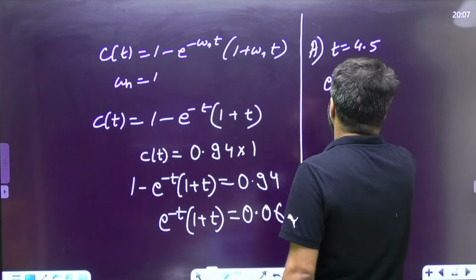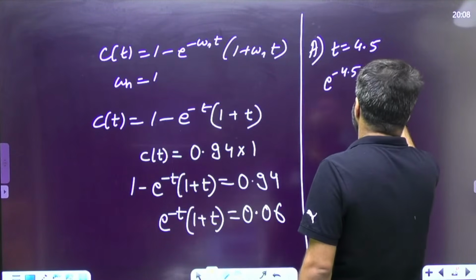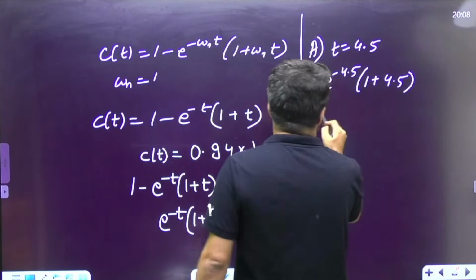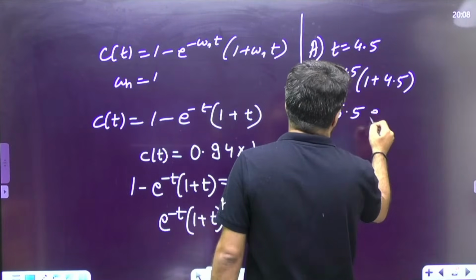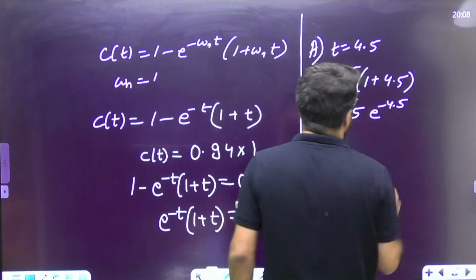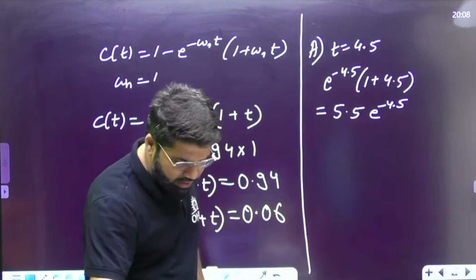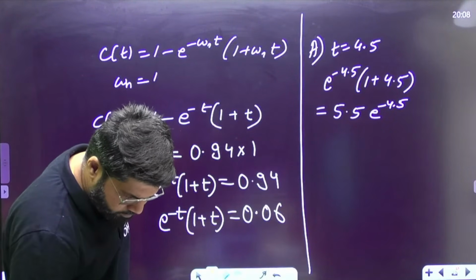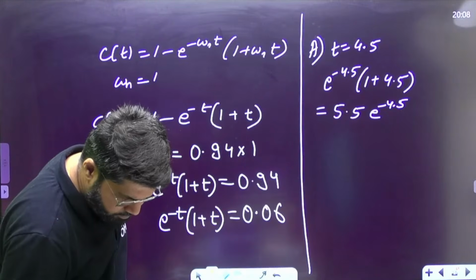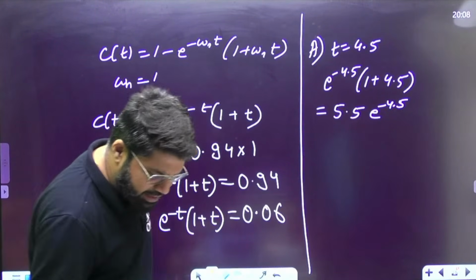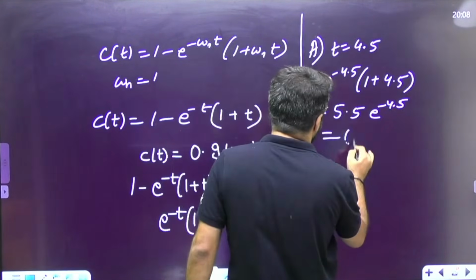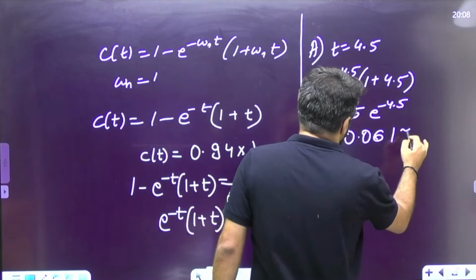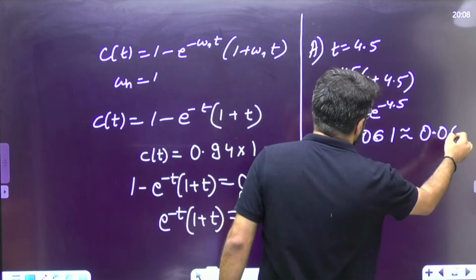So e power minus 4.5 into 1 plus 4.5, which is 5.5 times the exponential e power of minus 4.5. Let's solve this. Yes, this itself is 0.061, approximately 0.06.